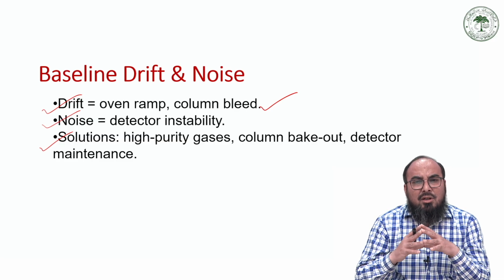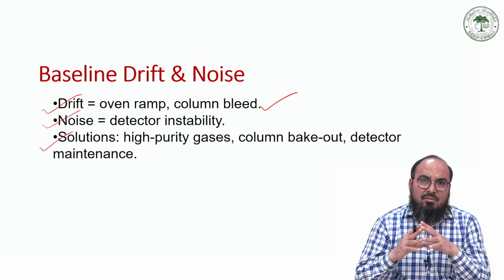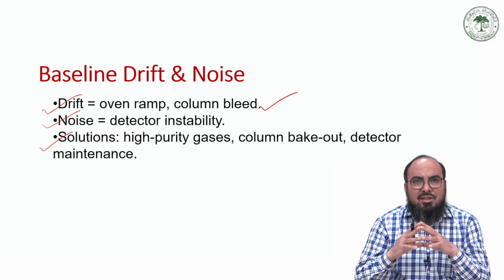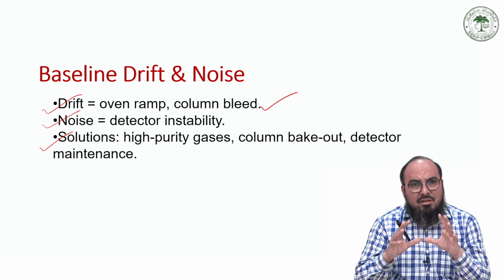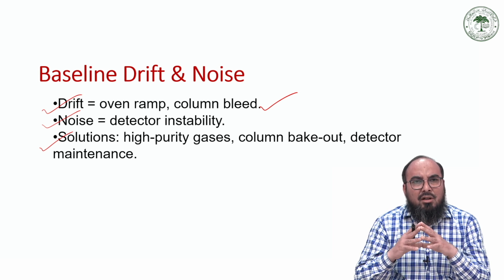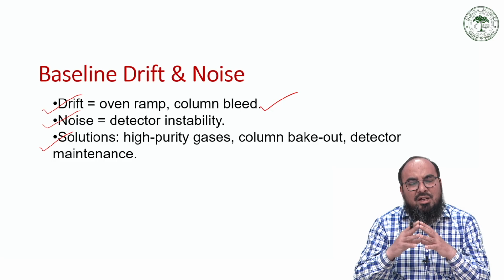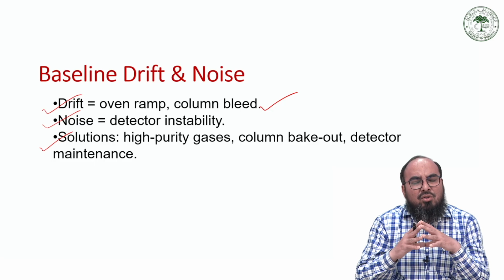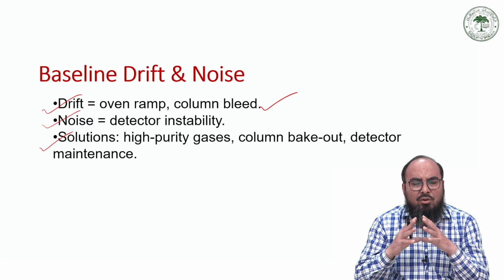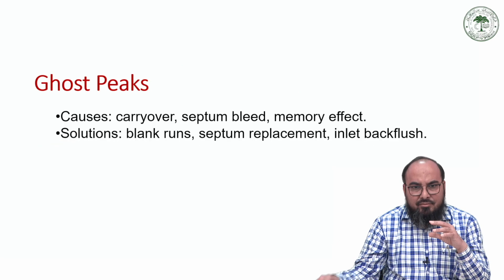And you have to ensure detector maintenance throughout. Okay, so after certain time intervals you have to check whether the flame is properly lighting up or not, and if for example you are using an ECD, whether your radioactive source is still active or not. So you have to check all those small details.